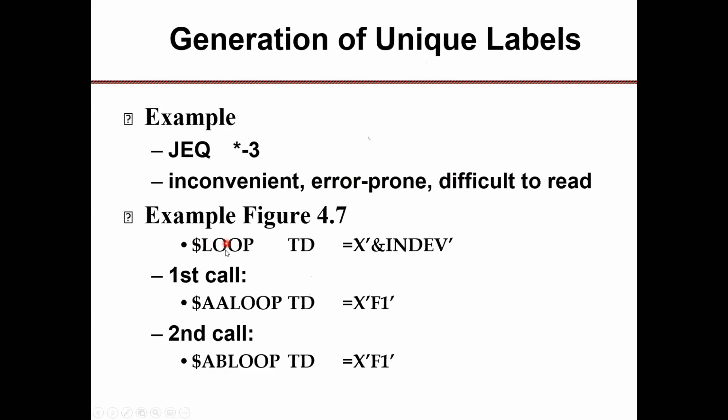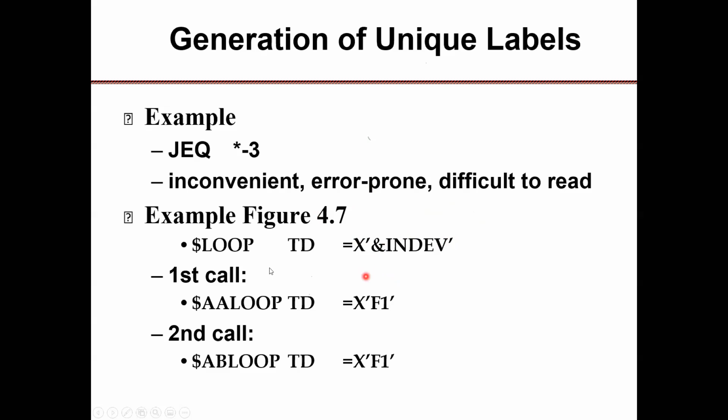Okay, so take this example here where we have something like loop, right? And we can call this macro loop multiple times, and macro loop is going to do the same thing each time. It's going to do a test device for X, whatever device number we pass to it. So we want to be able to create that hexadecimal number that we're passing into this macro loop.